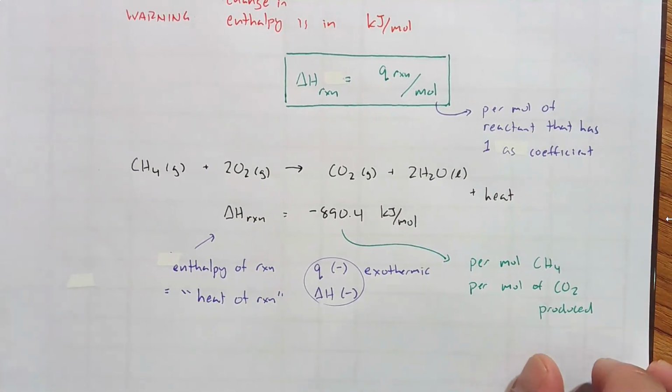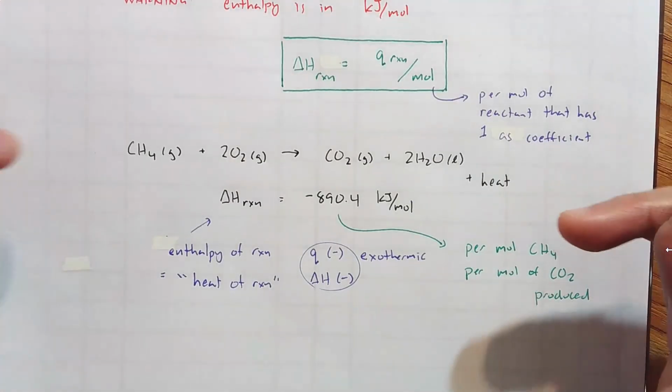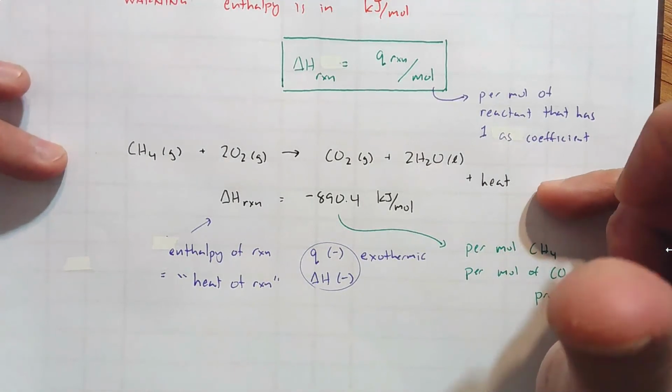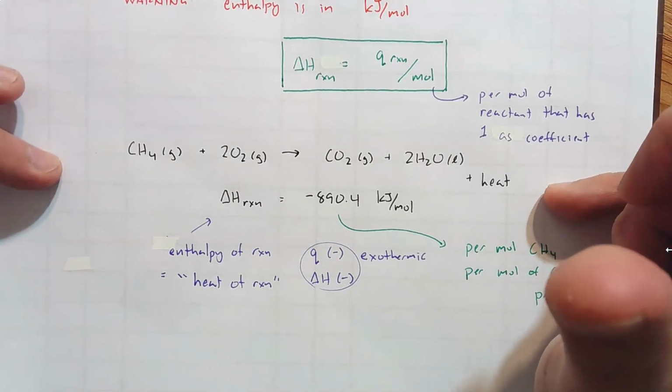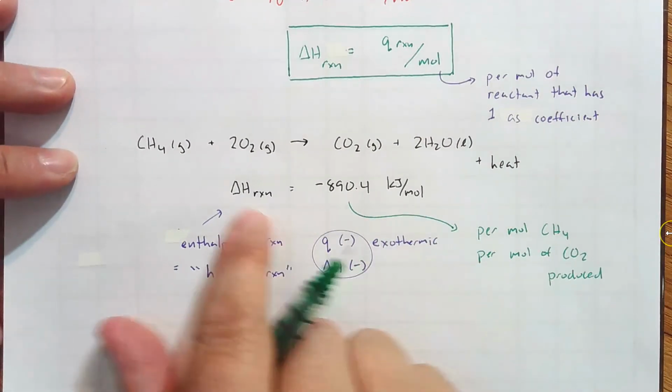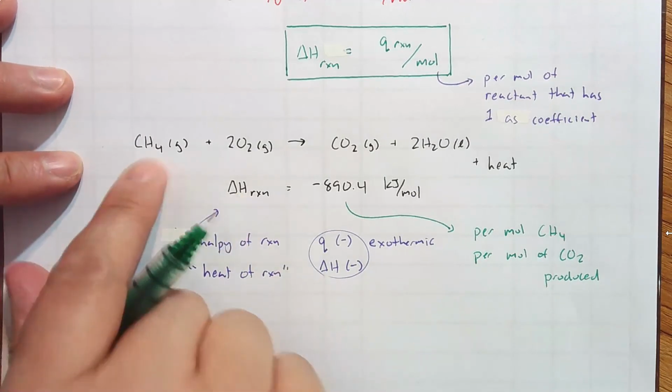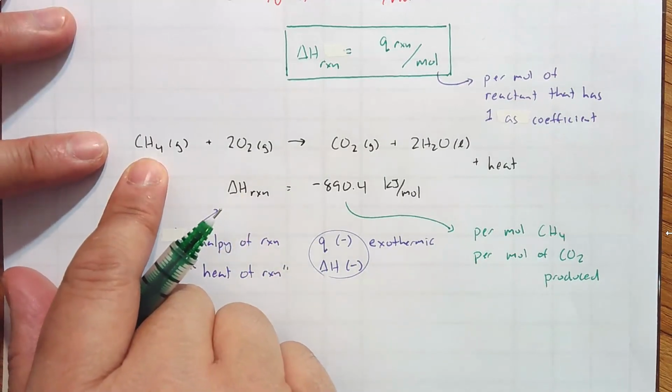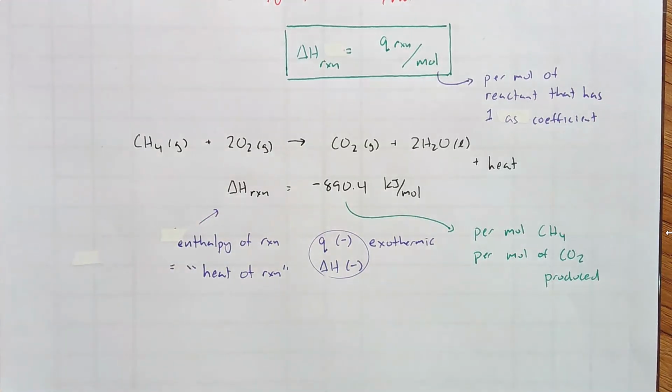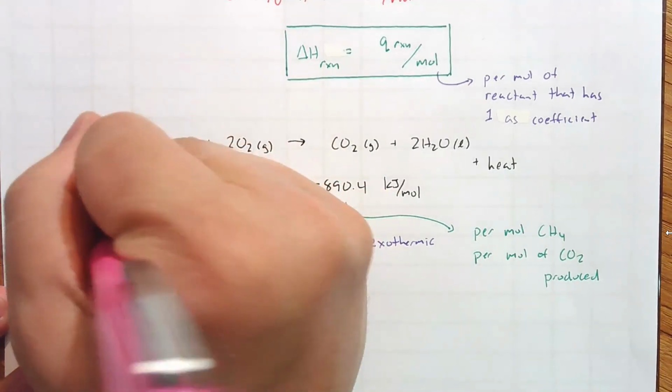I know it's a little bit complicated. This is the analysis that you'll have to make a lot in this unit, equating some enthalpy of reaction to a chemical formula or a chemical equation. We'll do more of this in later videos.